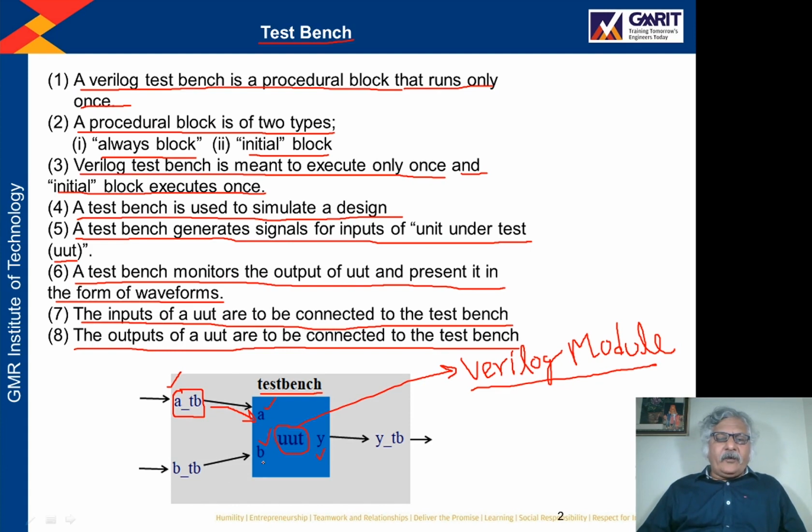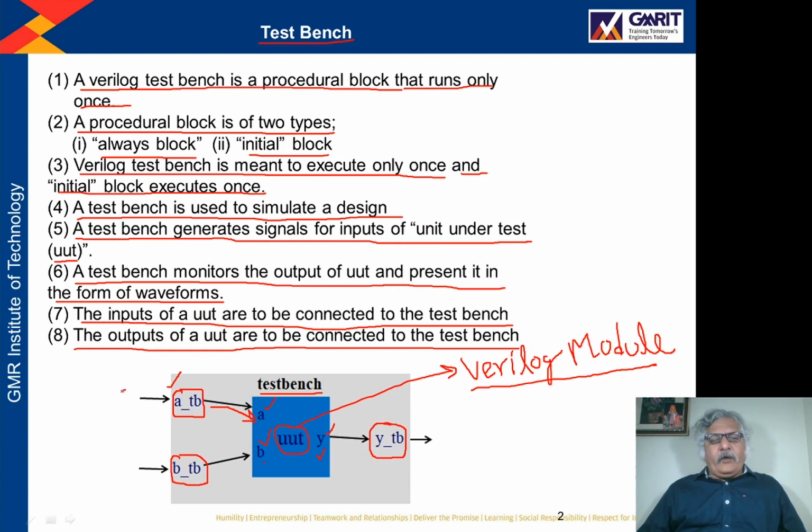And the second input of the UUT is connected to the B_TB pin of the test bench, and the output port of the UUT is connected to another pin of the test bench, and its name is Y_TB, right?